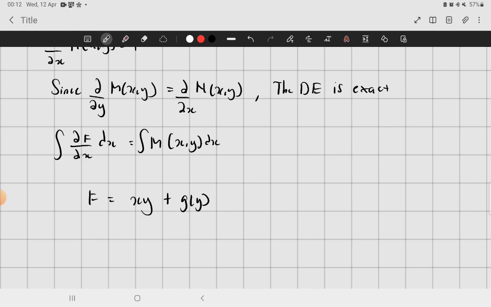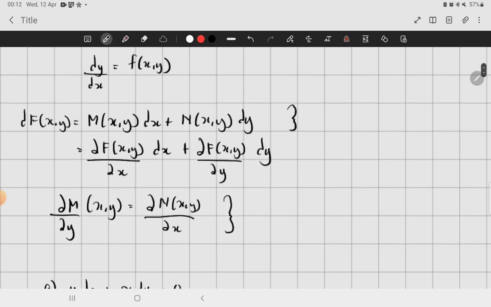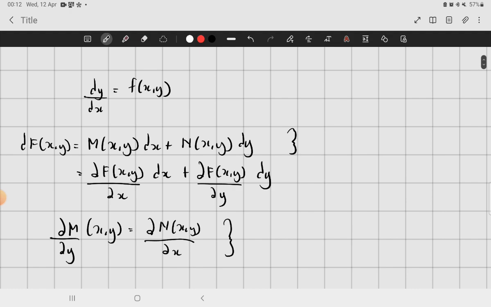Theoretically, you will obtain the same thing. I'll try it after this. Anyway, after you obtain this function f, you differentiate it partially with respect to y, so you can get rid of this constant function. You can compare with it, because as we recall, the partial derivative of f with respect to y is the same as the function N.